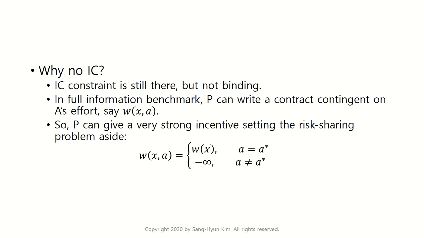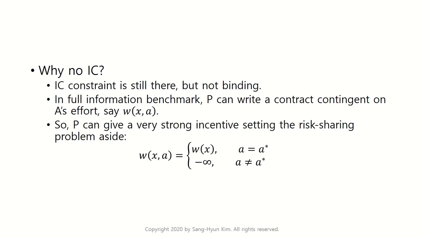The principal gave an order, so the agent must work as much as A star, and then we don't have to think about the incentive problem anymore. So that's the reason why we don't have to think about the IC constraint, right?